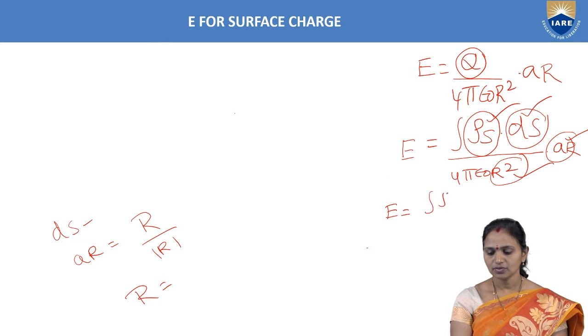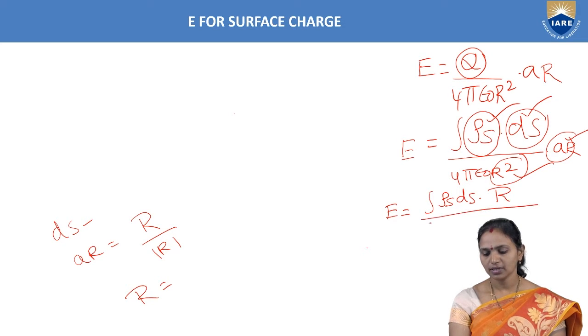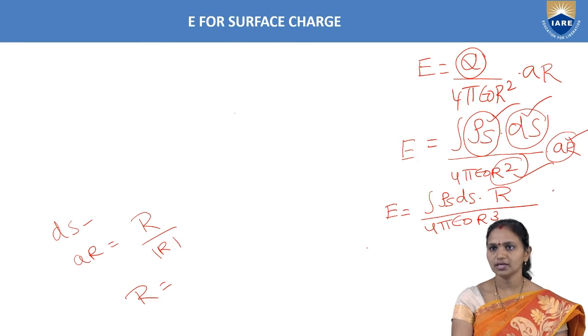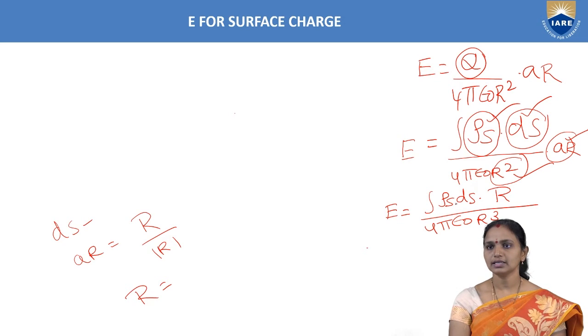Now by substituting those values, we can rewrite this equation as E equal to integral of rho s ds into r by r, divided by 4 pi epsilon naught r square. We have one more r here, which comes from the unit vector. So finally it is integral of rho s ds into displacement vector r divided by 4 pi epsilon naught r cube.